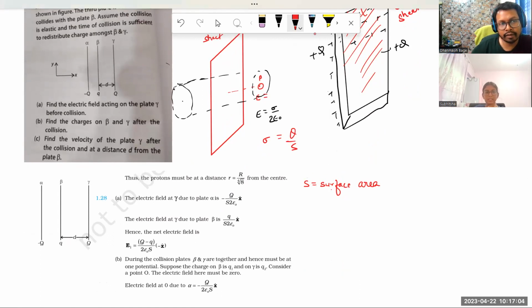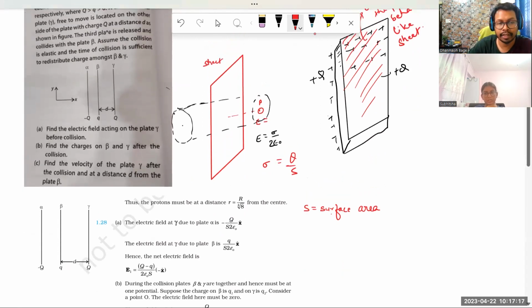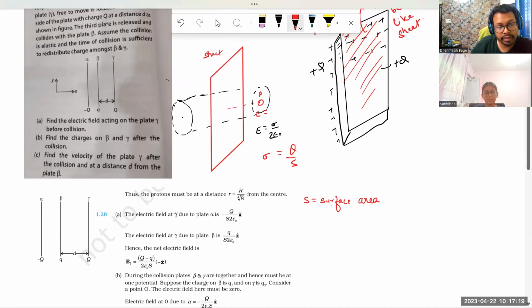So the net electric field, I don't get why it's capital Q minus small q and not small q minus capital Q. Okay, just see this. You agree with this thing, right? Minus Q is a negative thing.